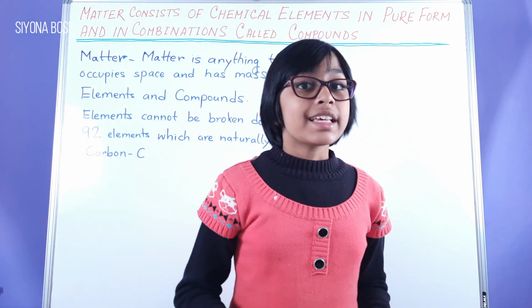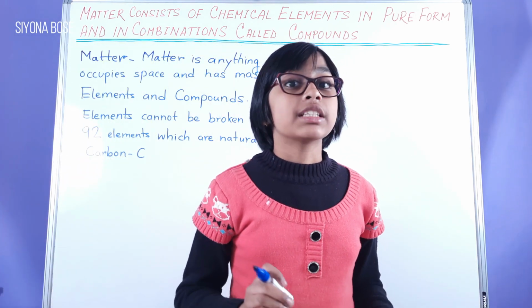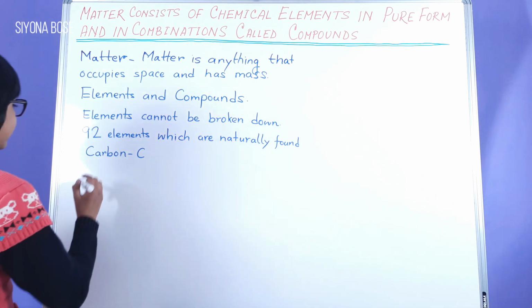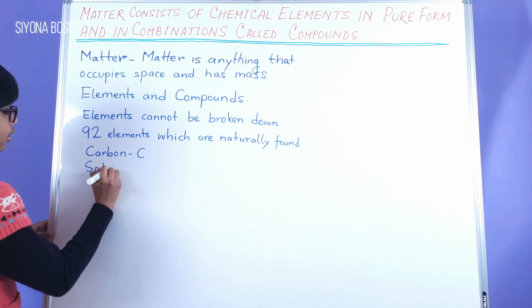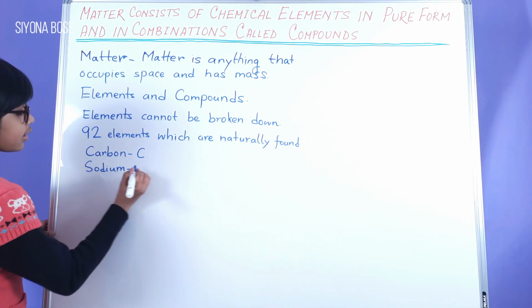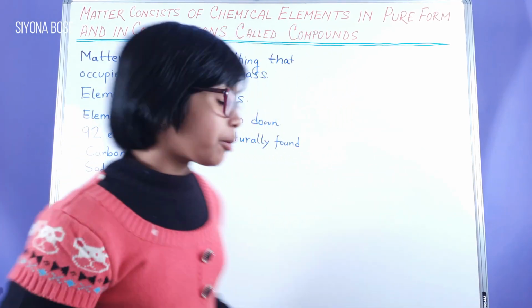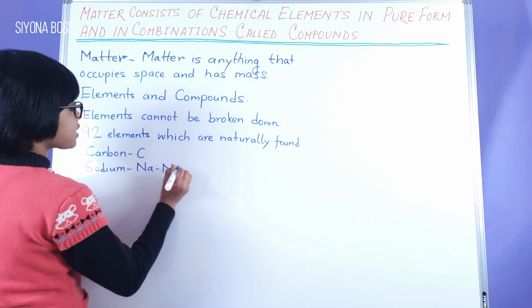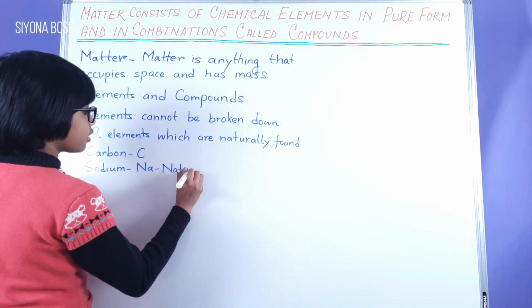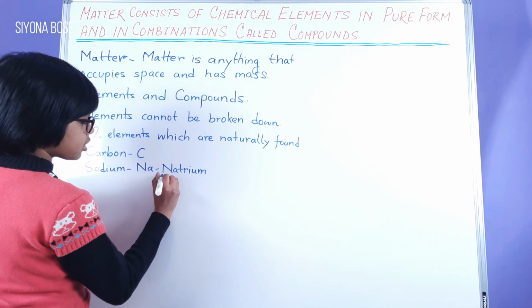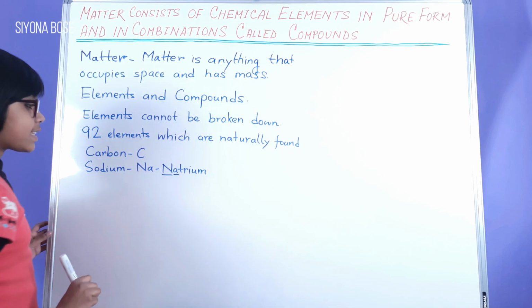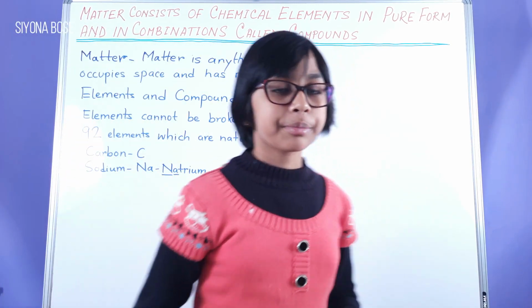Also, some symbols are derived from Latin names, like sodium is Na from the word natrium, that is Latin for sodium. It has 2 letters, the first and second letters of natrium.